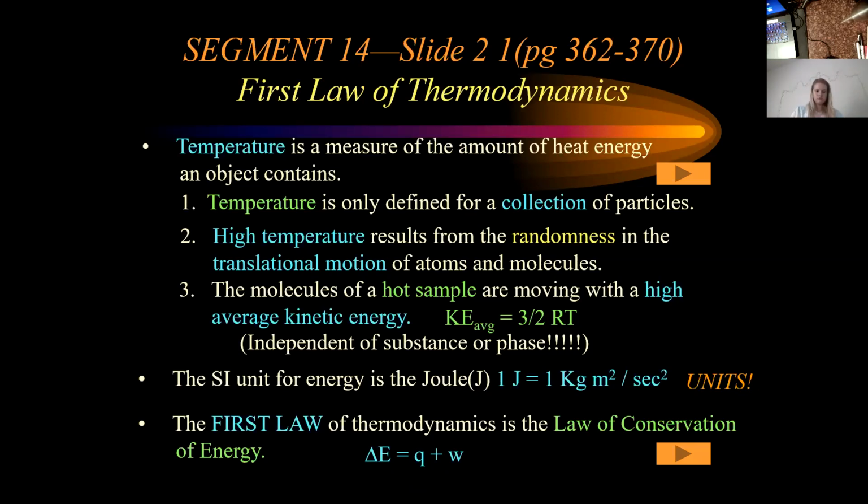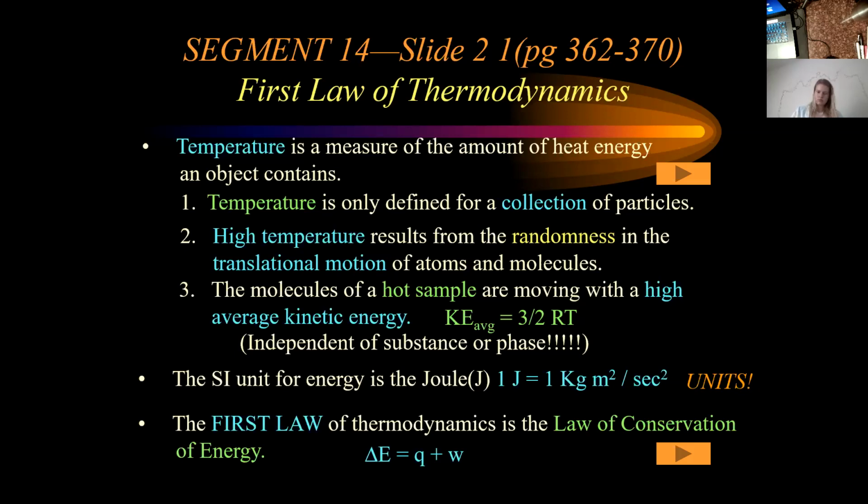Our systems are in a gravitational field, but we don't have to take it into account because we're not really moving the beaker around in a gravitational field. So it has some force of gravity acting on all the particles, but the beaker is sitting in the lab, not moving, and so it doesn't matter much.